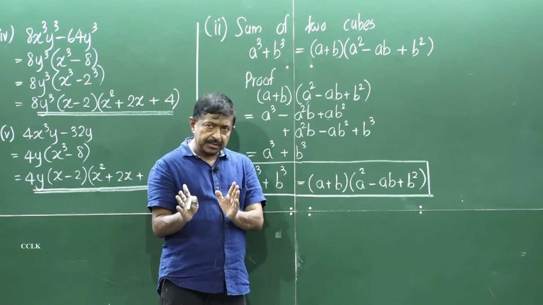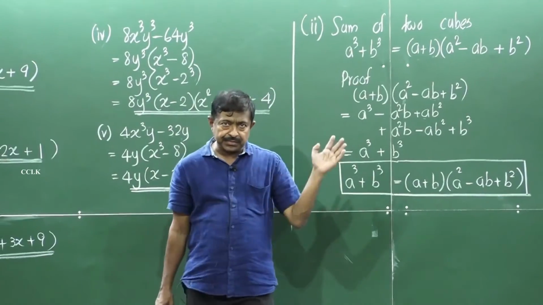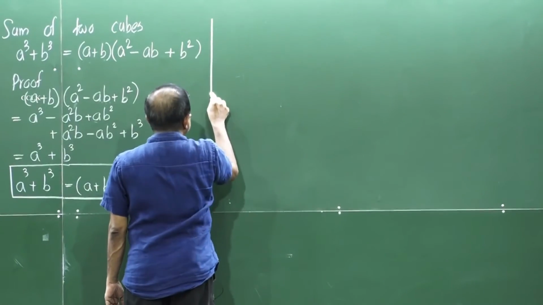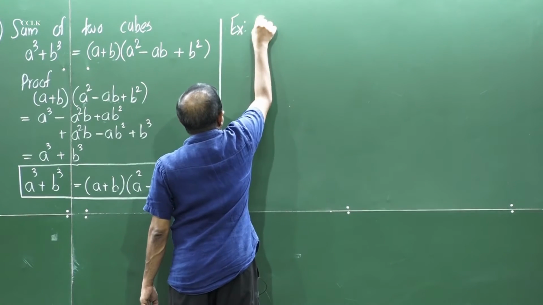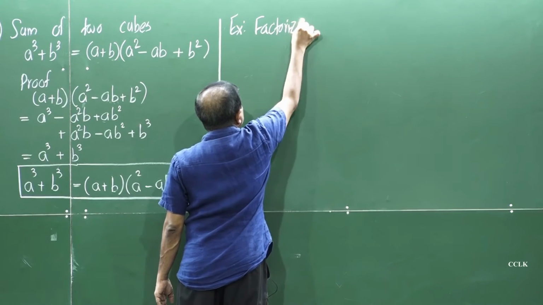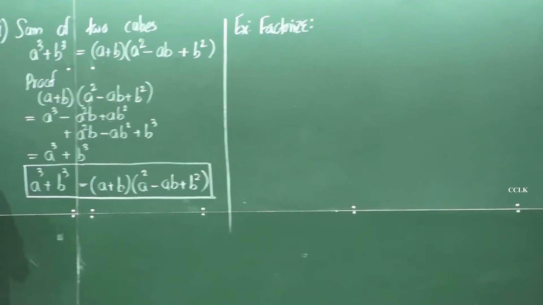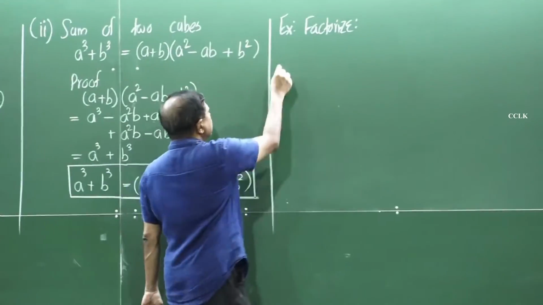In one factor, signs are fixed. In the other factor, signs are changing, like that. Okay. Now we'll do some examples. These are very simple stuff, but when we move on, we'll get into difficult stuff, right?